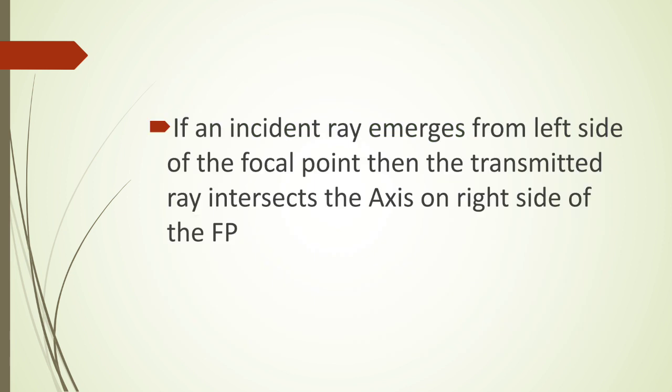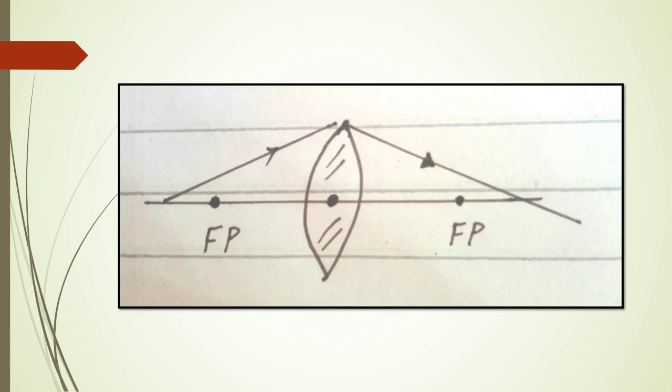If an incident ray emerges from the left side of the focal point, you guys can see this diagram, the incident ray emerges from the left side of the focal point.